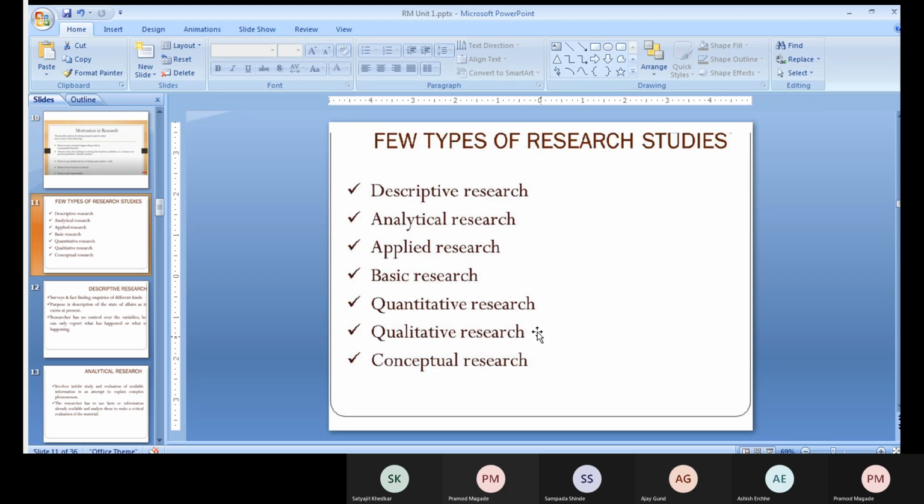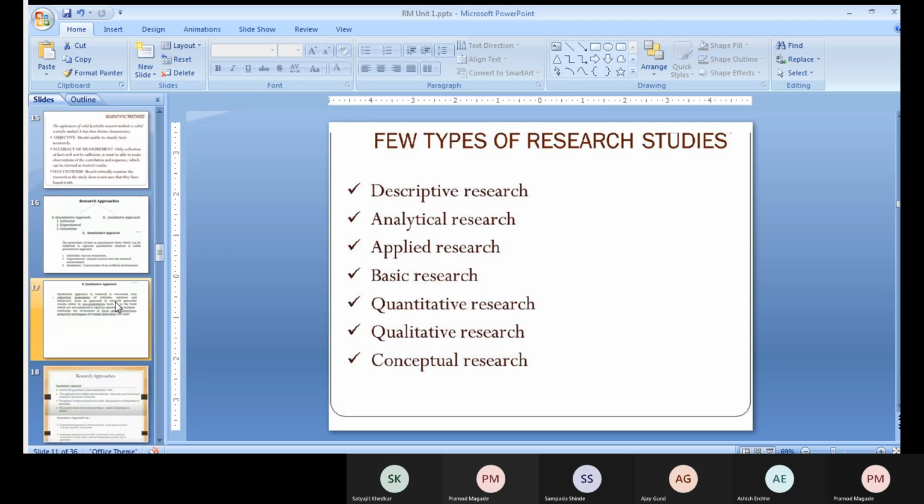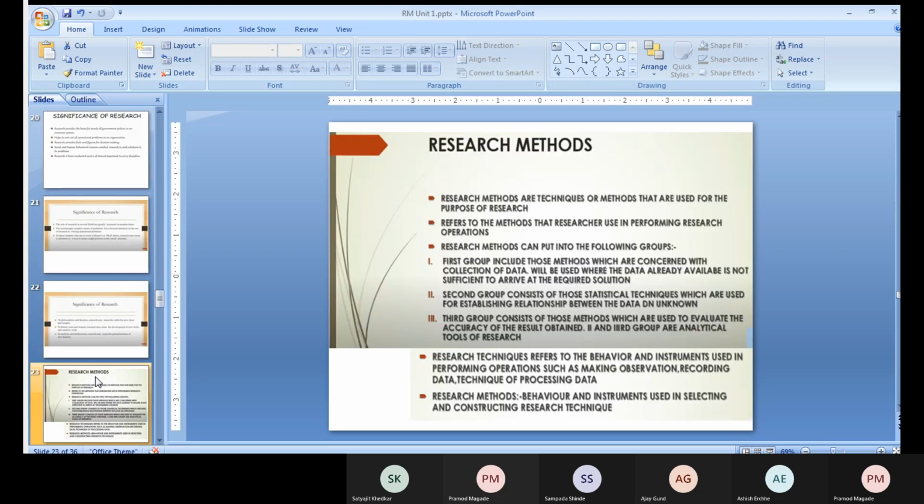That is the research method for qualitative. And in case of conceptual idea based research, the method is again similar to descriptive research: we need to study research papers.